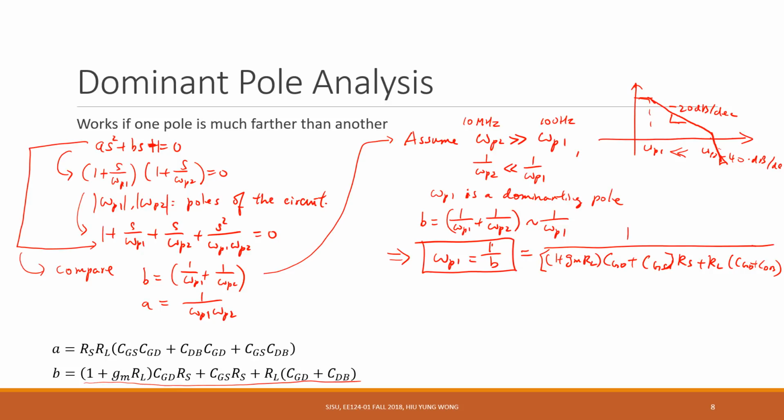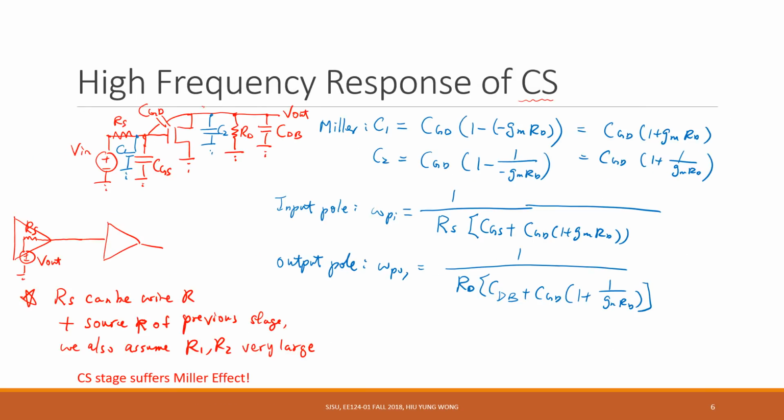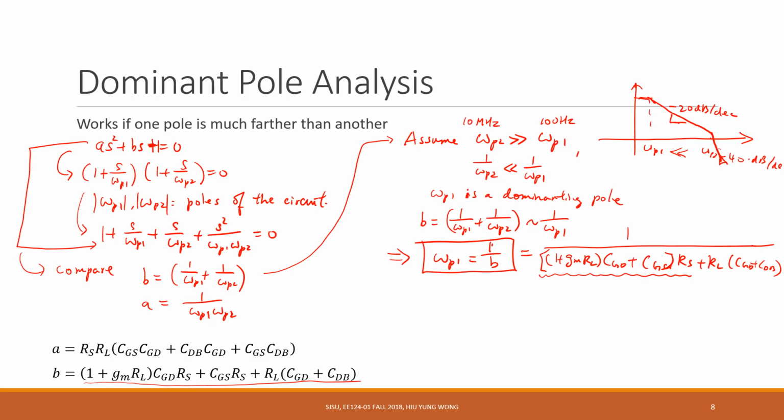What is this one? This is exactly what we got before. Remember, this is RS times CGS plus CGD times 1 plus gmRL, RS CGS, 1 plus gmRL. Sorry, this is RL, yeah, RL CGD. So you see that by using Miller analysis, we miss this term, right?